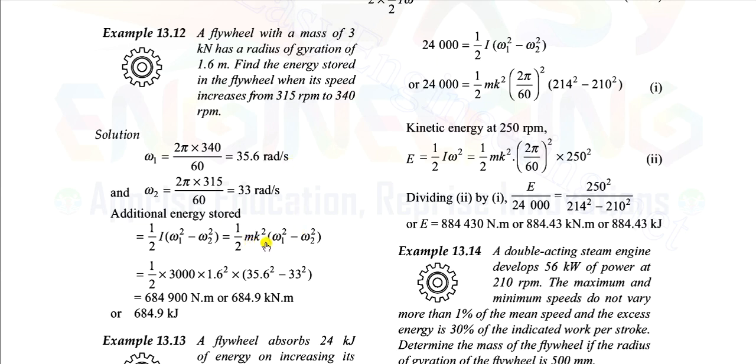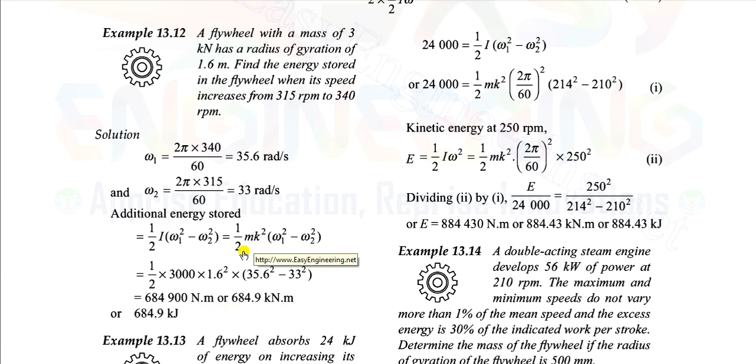So kg into meter square per second square. Kg into meter per second square will give you Newton, and the one remaining meter, so Newton into meter. So the final unit will be Newton into meter.